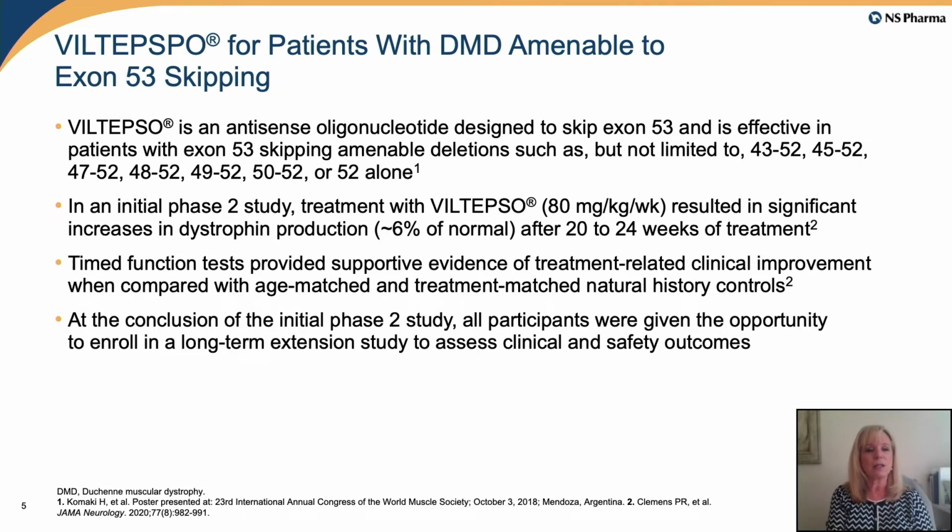At the conclusion of this initial phase 2 study, all participants were given the opportunity to enroll in a long-term extension study that would continue to assess both clinical and safety outcomes. All 16 patients elected to remain in the study, and some patients are even continuing at this point in time. Next slide, please.